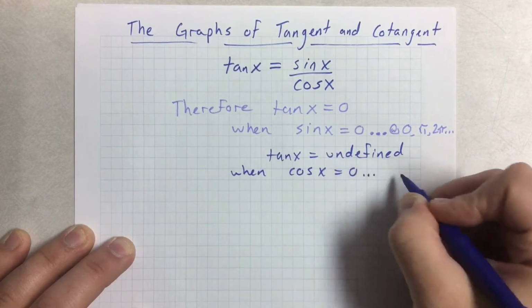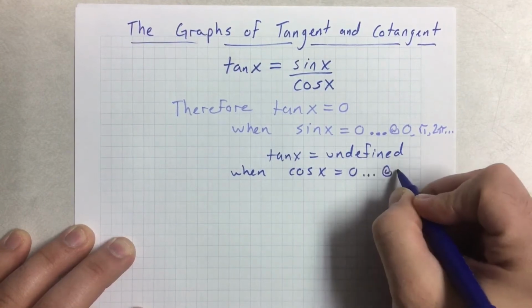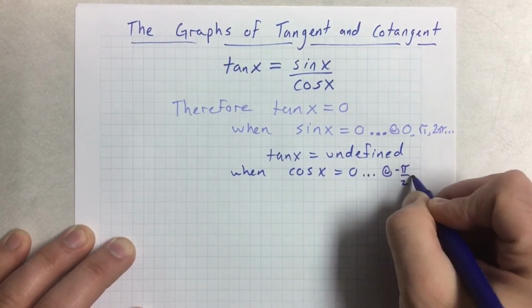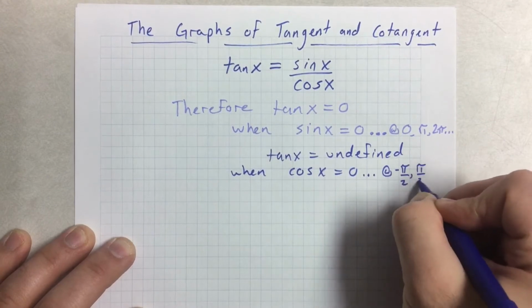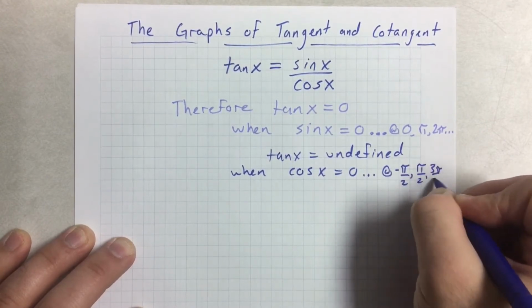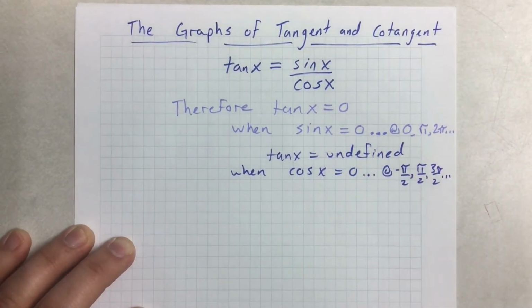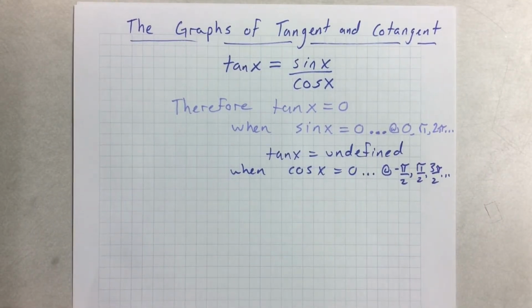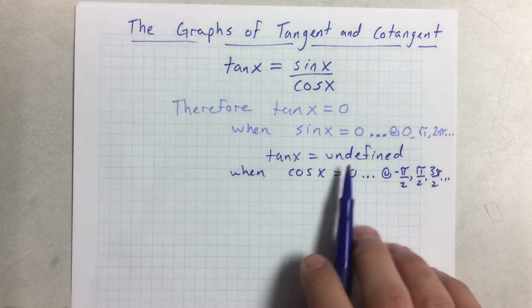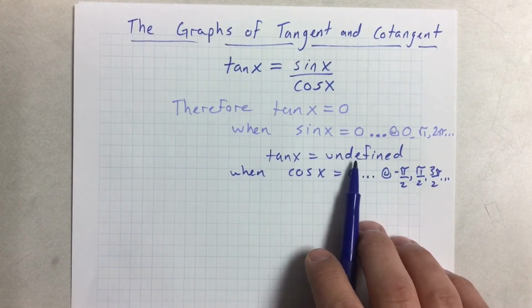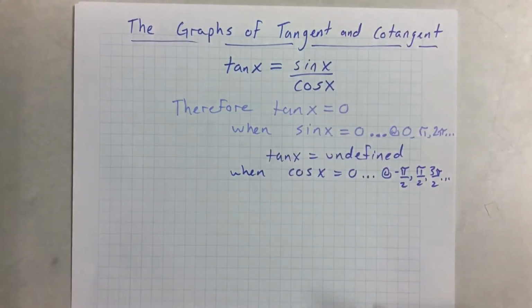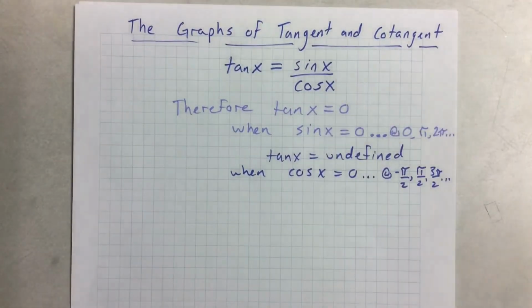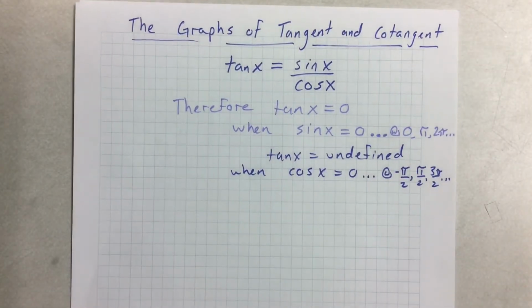So think of when cosine of x equals 0, that's going to be negative pi over 2, pi over 2, 3 pi over 2, and so on. All right, so undefined, graphically, we should know by this point in the course, is going to appear as a vertical asymptote. So we have vertical asymptotes, and we'll know where the zeros are going to be located.